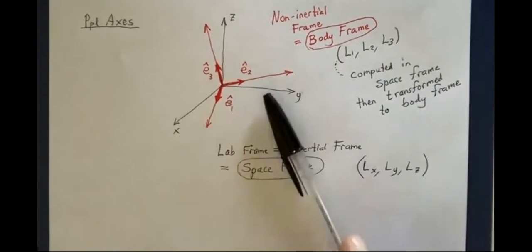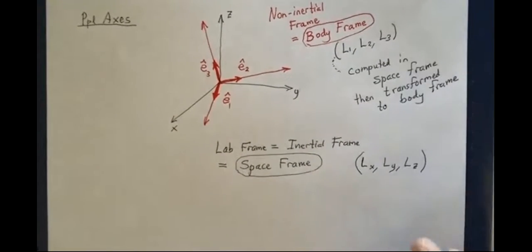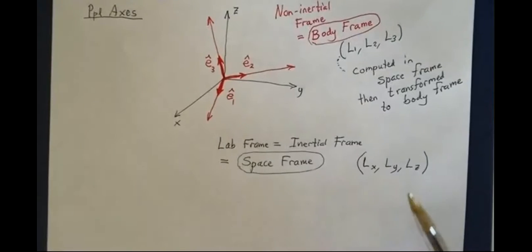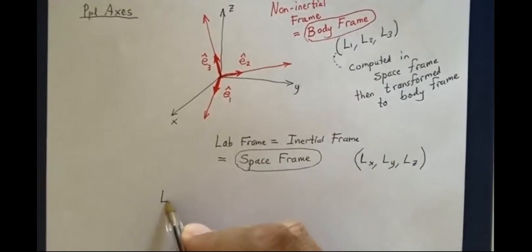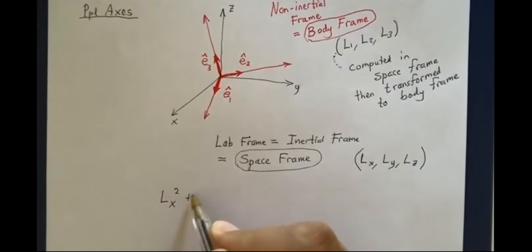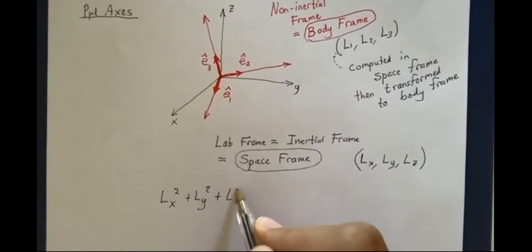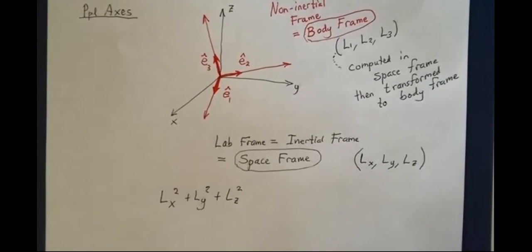Now notice the two frames are related by a rotation. So both people agree. If you have observers in these two different frames, they both agree on the magnitude. Another way to say that is that Lx squared plus Ly squared plus Lz squared, remember our nice discussion on tensors yesterday? That's a rank 0 tensor.